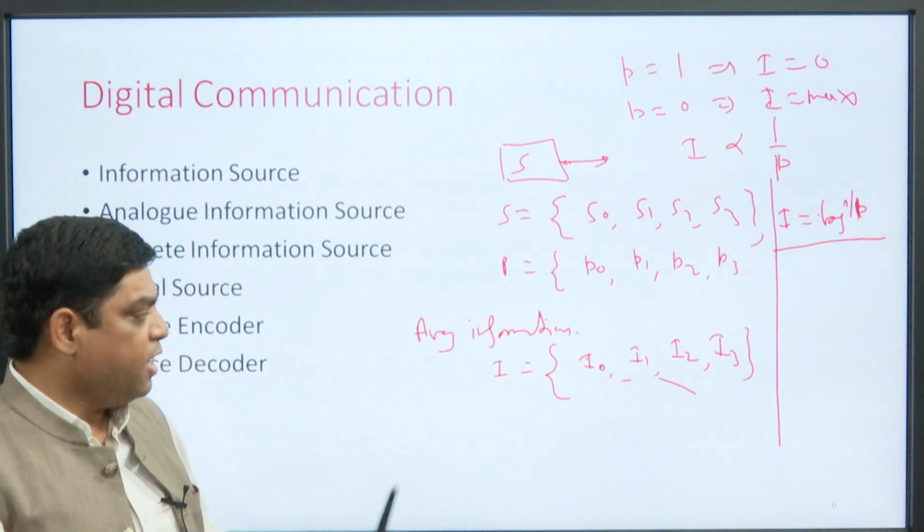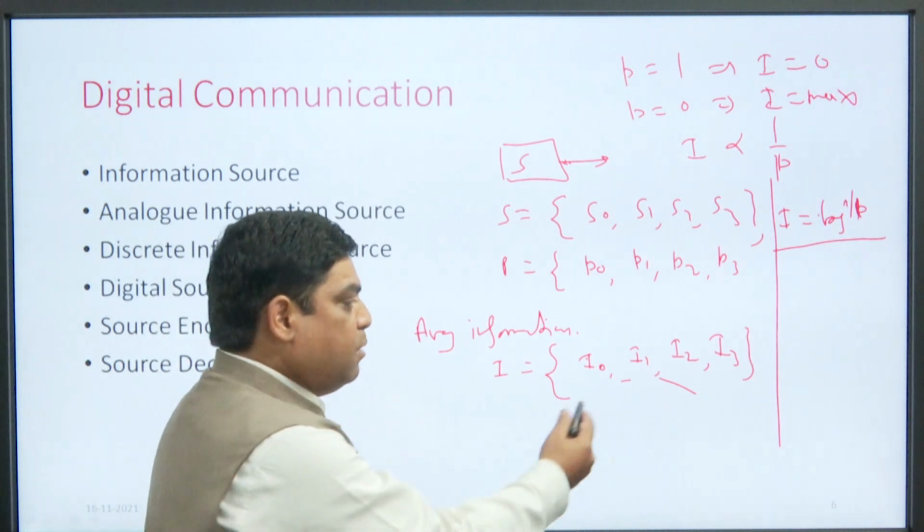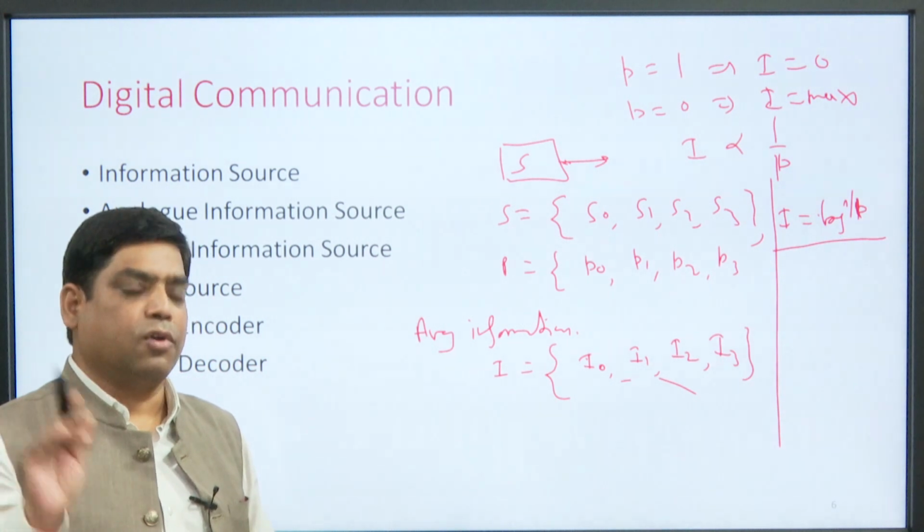Normally we take the average as I0 plus I1 plus I2 plus I3 divided by 4.